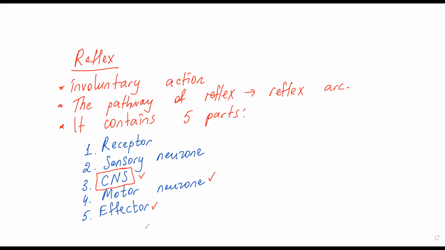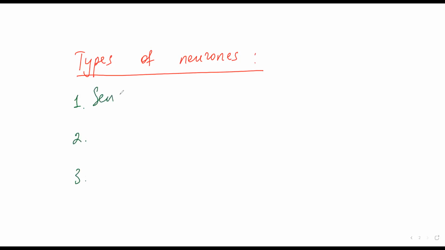So let's talk about these 2 neurons and their functions. If we talk about types of neurons, we have 3 types: sensory neuron, motor neuron, and relay neuron.